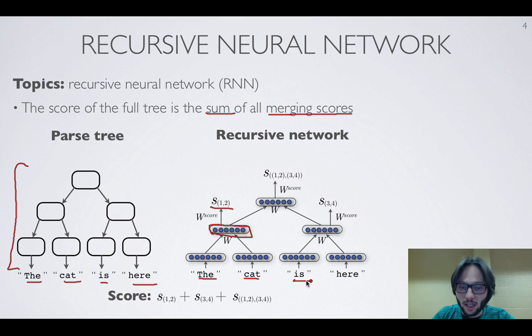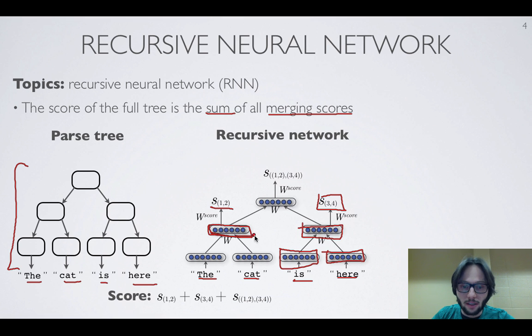We'd also have to merge "is" and "here". This would give us a phrase representation from these two word representations, and again we get a score for that merge. And then following this parse tree, you have to merge these two nodes to get the parent node for the full sentence.